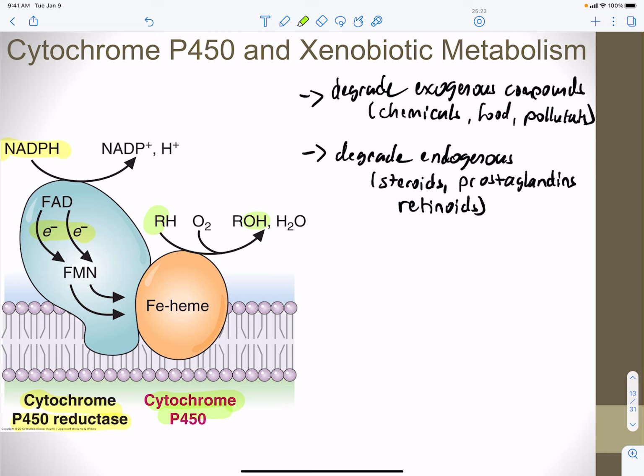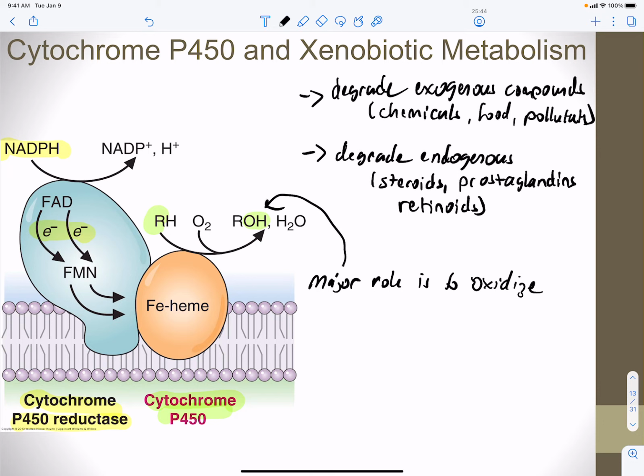Now, again, the major role is to oxidize the different xenobiotics. And so you have many of these enzymes.